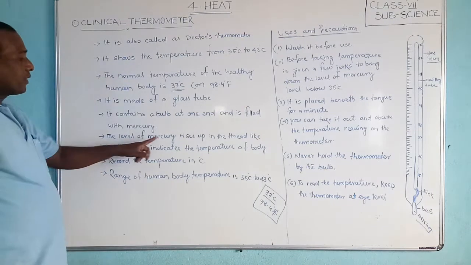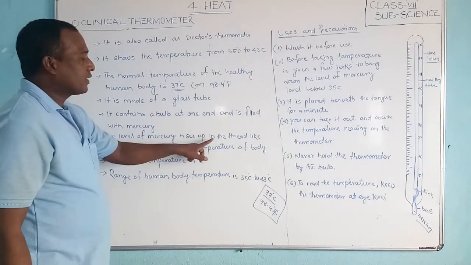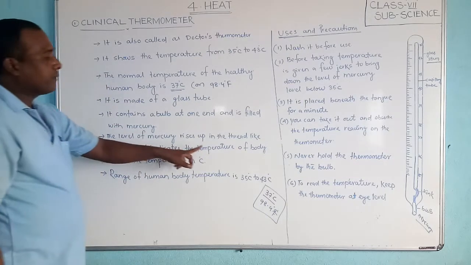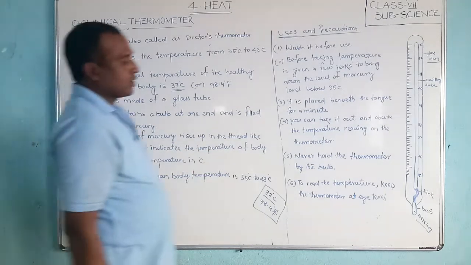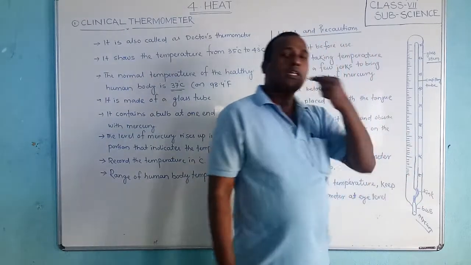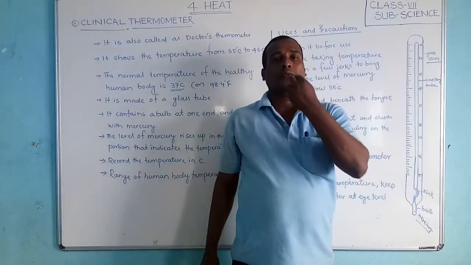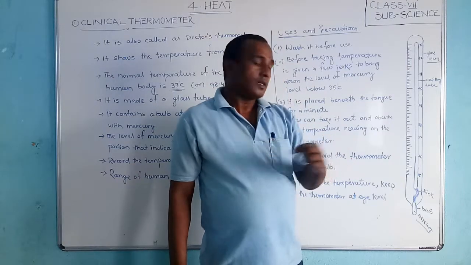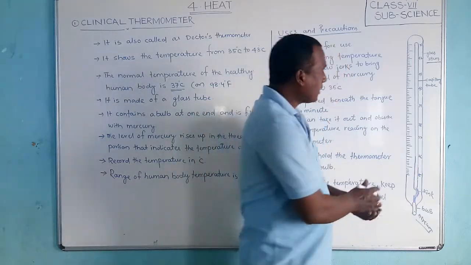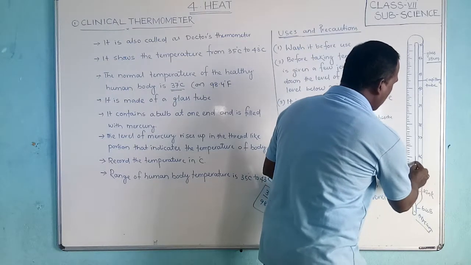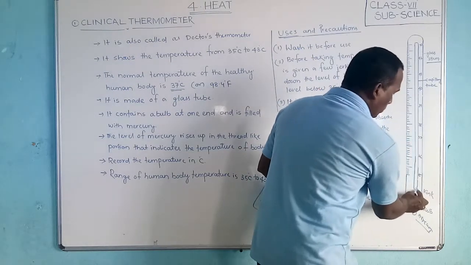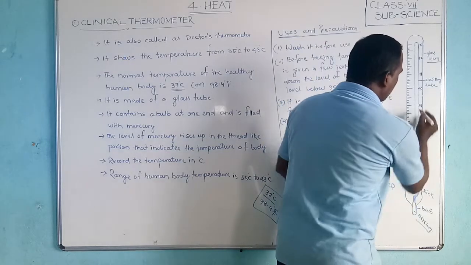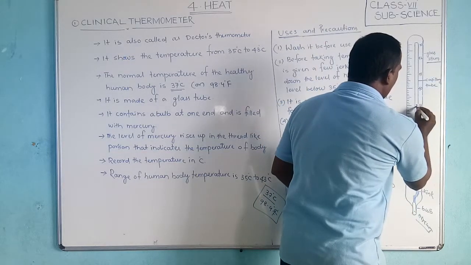The level of mercury rises in the thread-like portion, which indicates the temperature of the body. When we keep the thermometer under the tongue, the temperature will increase and the mercury will move up, like this, to here.